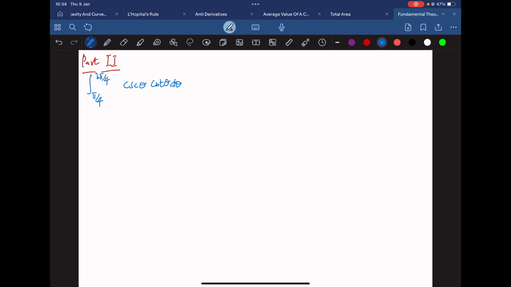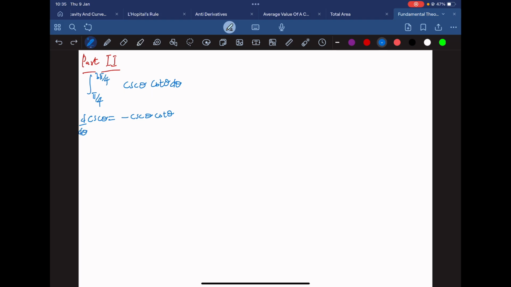Remember, if you differentiate cosecant theta, you get negative cosecant theta cot theta. So we have positive now.